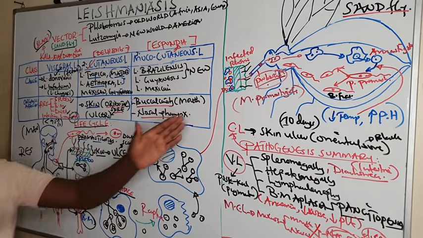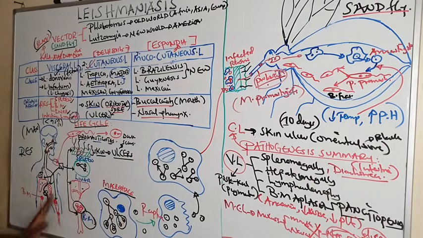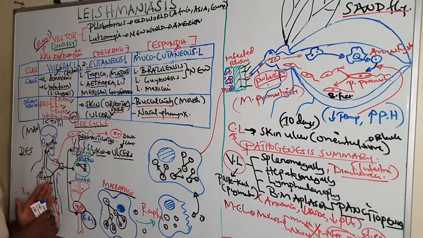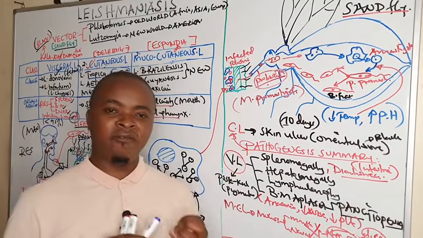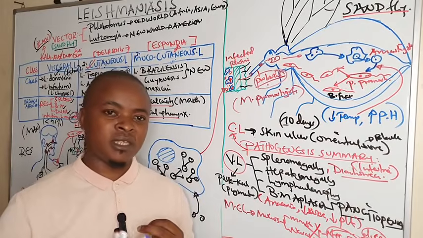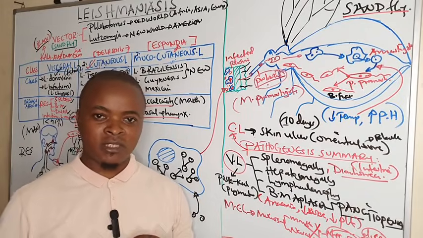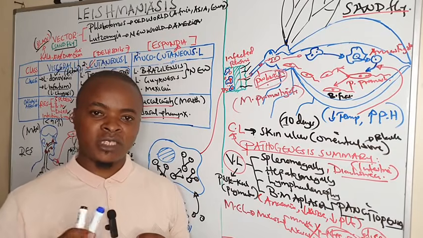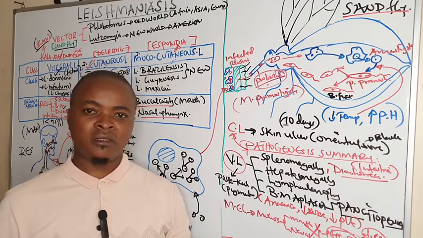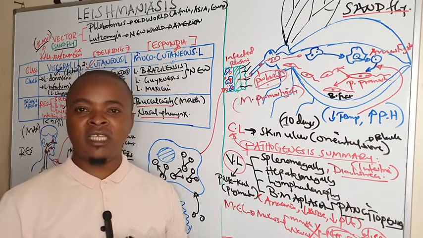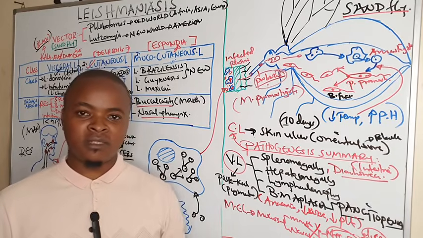So this is the life cycle in a vector, and this is the life cycle in man. Please, as a student, don't forget that the infective stage is the metacyclic promastigote. The diagnostic stage in macrophages is the amastigote. But in tissue culture, it is the promastigote.